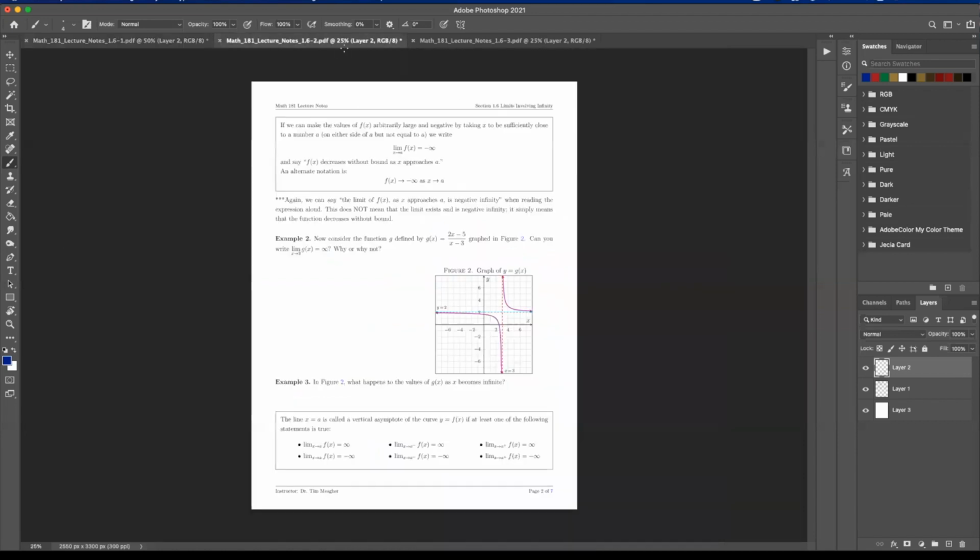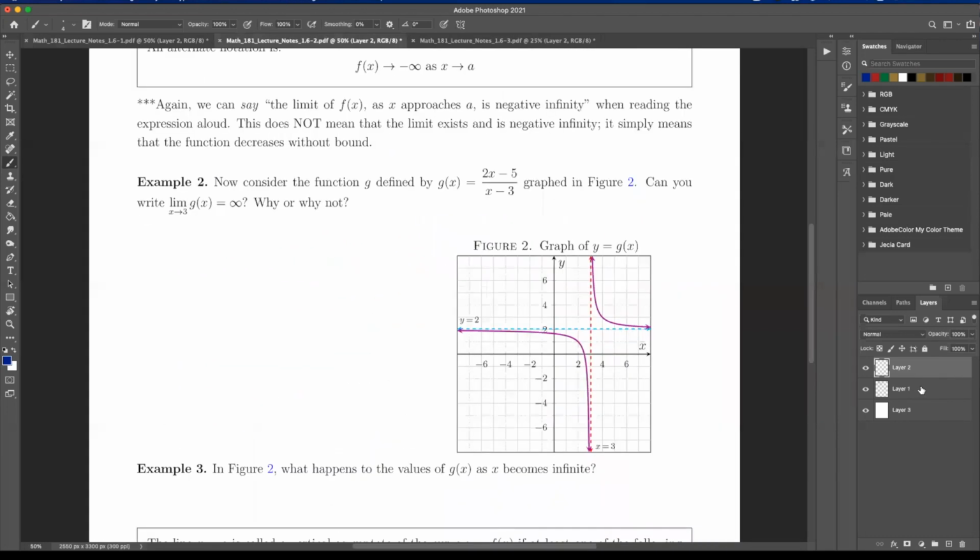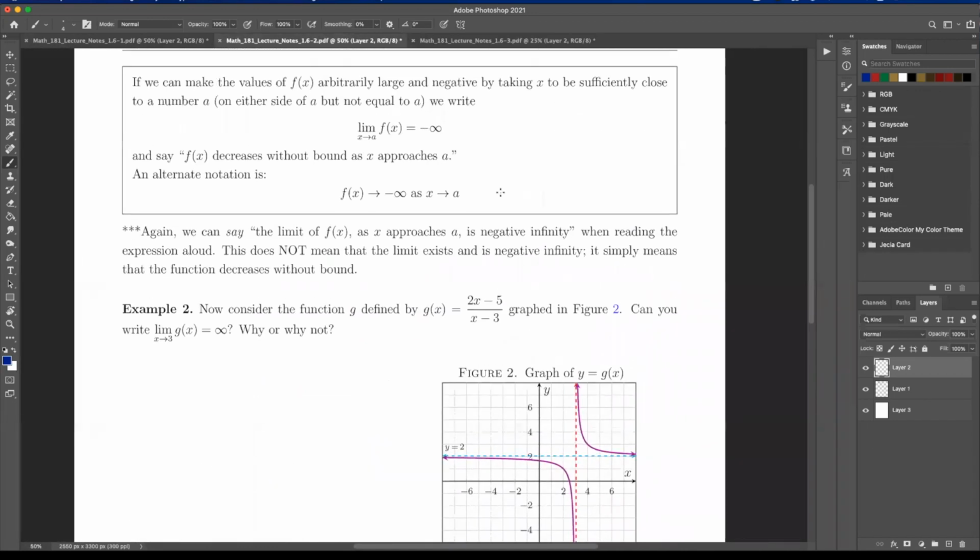All right, let's go to the next page. Here, if we make values of f of x arbitrarily large and negative as x gets close to a, but not equal to a, we write that f decreases without bound as x approaches a, or we write that it approaches negative infinity.